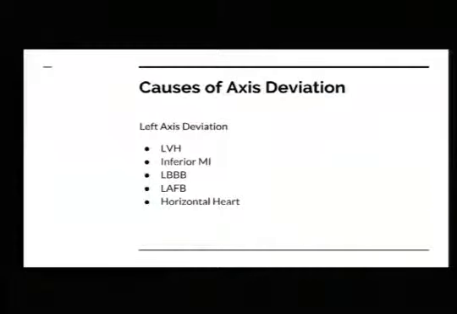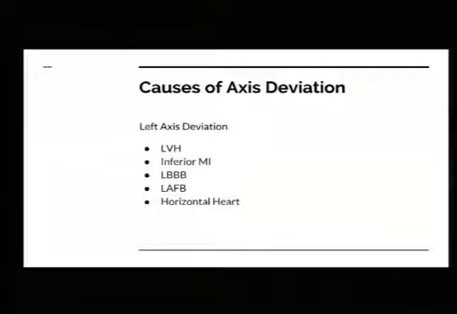So causes of axis deviation. Your left, that we talked about, is kind of off, up to the side. You have LVH, and an inferior MI will do that. A left bundle branch block, a left anterior fascicular block. So remember your pathway. It's taking longer to get down that pathway, so it has to move through the myocardium rather than through the normal conduction system.